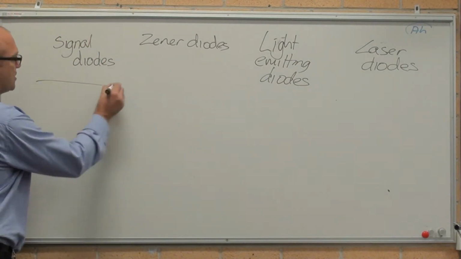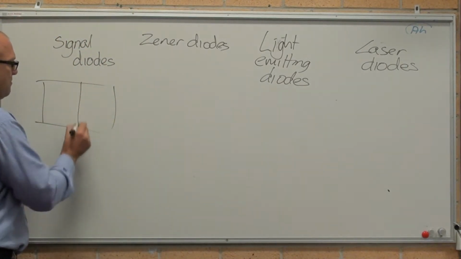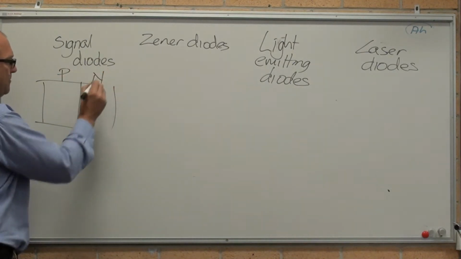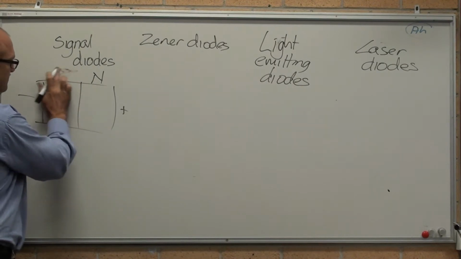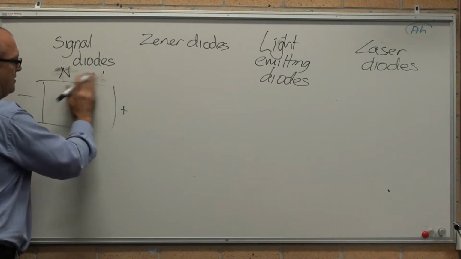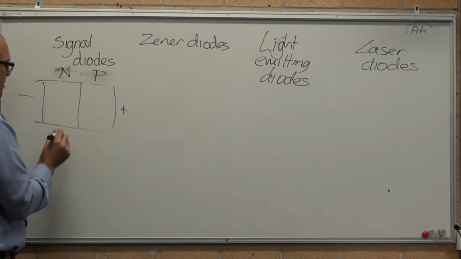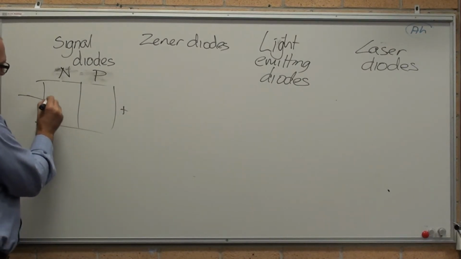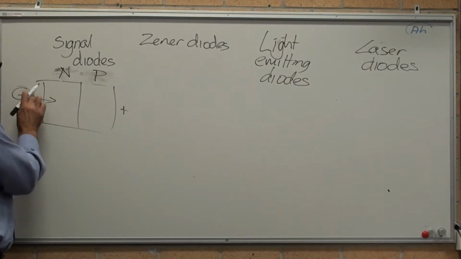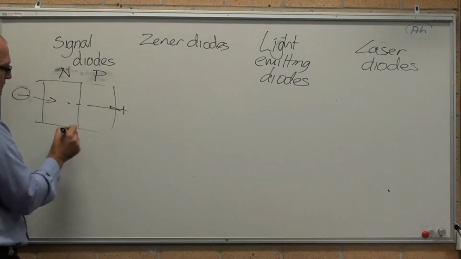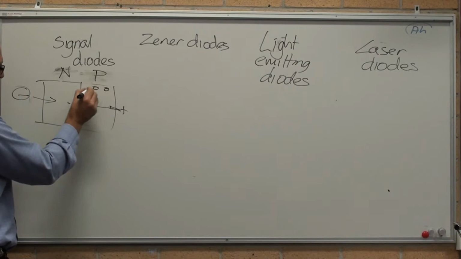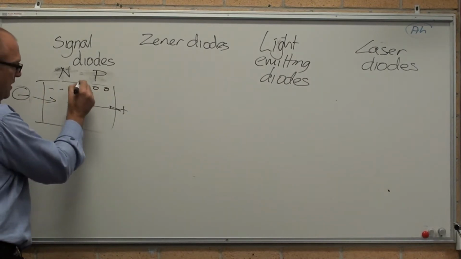Signal diodes are simply a P-type and an N-type. You put it the other way around, N-type and a P-type. So the electrons keep on getting fed into the diode, getting attracted to the positive. The electron holes keep on tracking backwards.